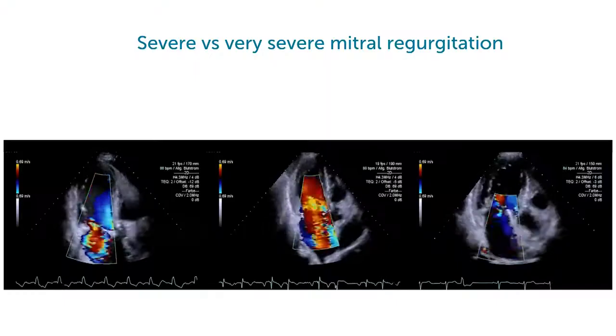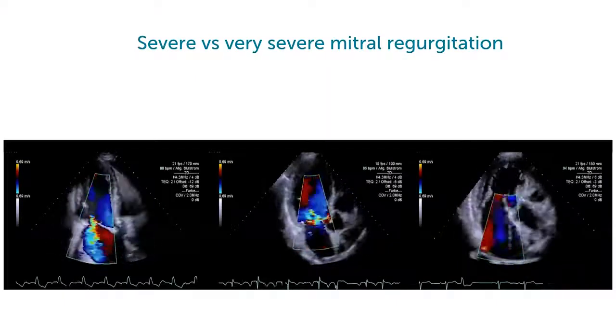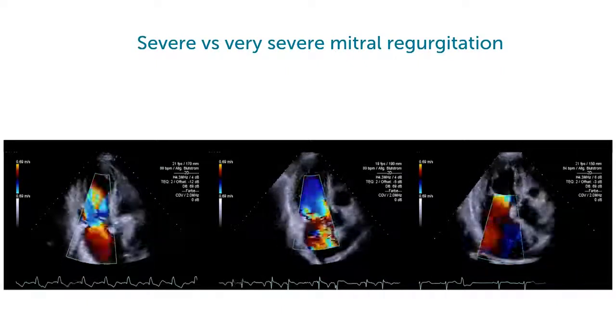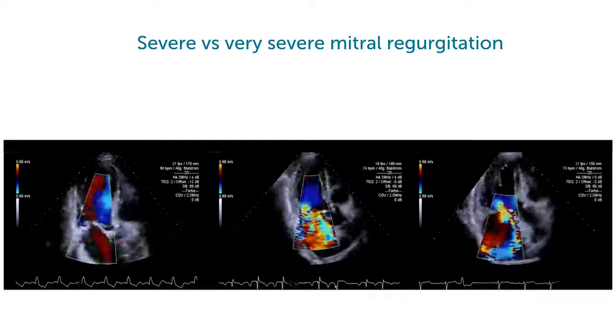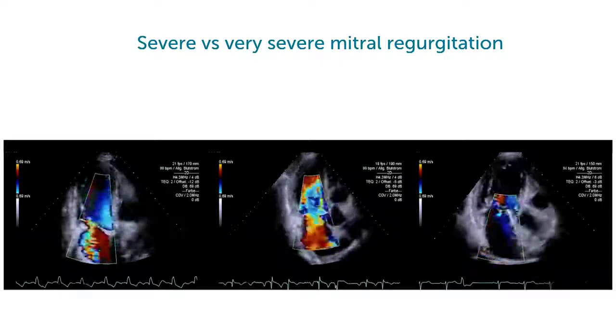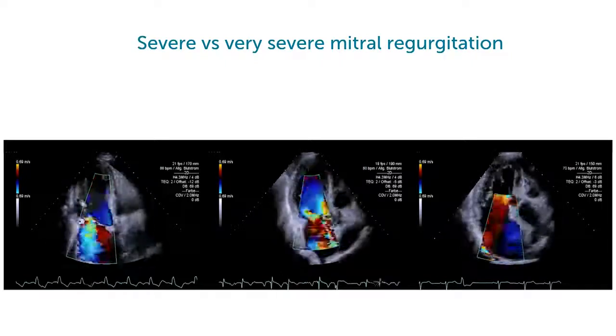So I want to highlight some of these problems to show that there is a need for new technologies that could overcome them. Here are 3 examples of patients with mitral regurgitation. Take a look at them, and I guess you will all agree that all of these 3 patients have severe mitral regurgitation. But are they all the same?